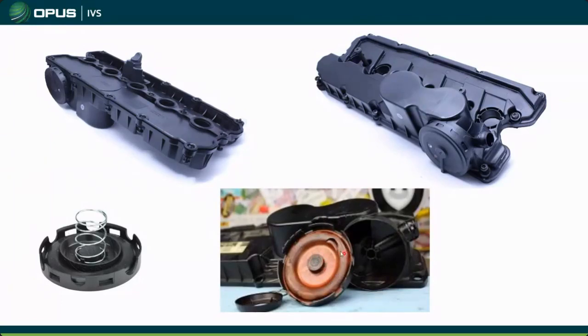Here we can talk about one of the first and most common problems that we see with these, which is that this diaphragm tears. Often, because of this tear, you'll have false air coming in. You'll get false air faults, lean mixture faults, and misfires. These engines really don't like to run with a big vacuum leak, which is essentially what this is.